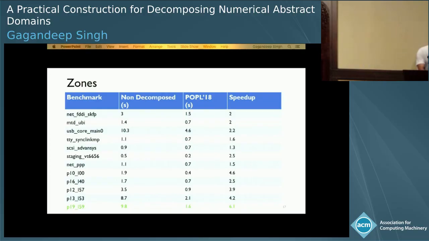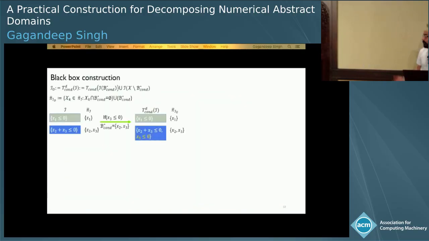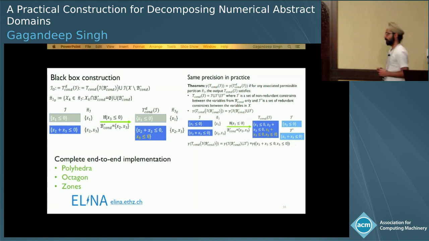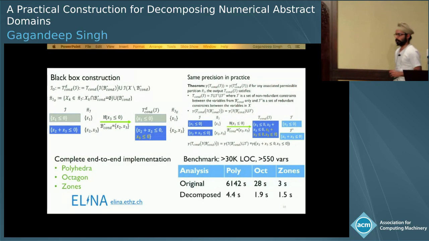So in terms of contribution in this work, we introduced a black box construction for producing decomposed analysis from non-decomposed analysis. That is always sound, and under practical conditions, it has the same precision as the original analysis. We have implementations of polyhedra, octagon, and Jones domains available online as part of the ELINA library, and there is significant speedup.